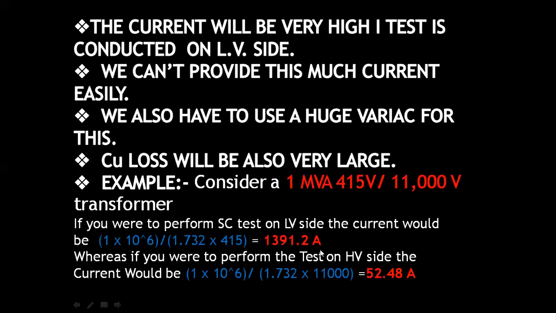But the larger current cannot be withstood by the instruments, because the test is performed at rated current. So it will damage the other instruments that are connected to perform the test on the transformer.